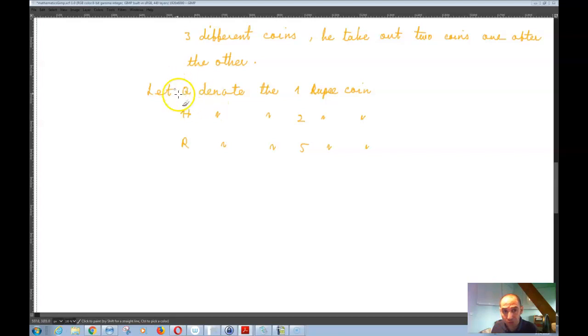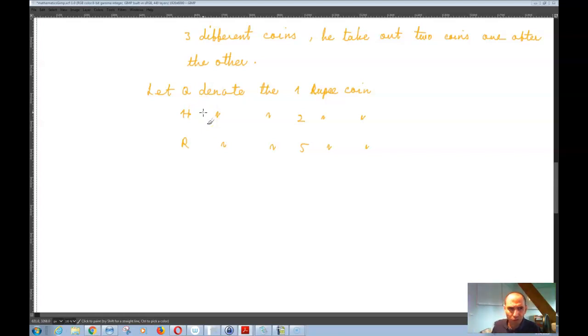Corresponding to Q, for example, the second draw may be H or R. So it might be QH or QR. Not a good way of thinking about it, but anyway, it's good enough.